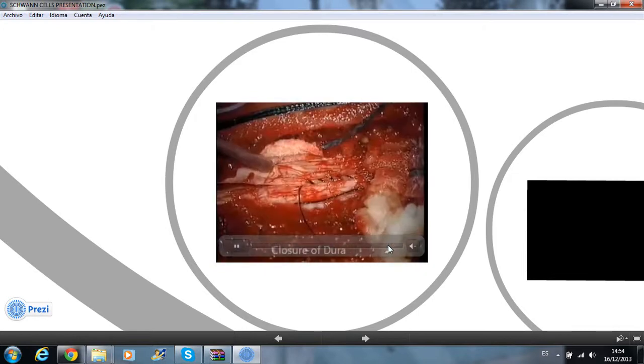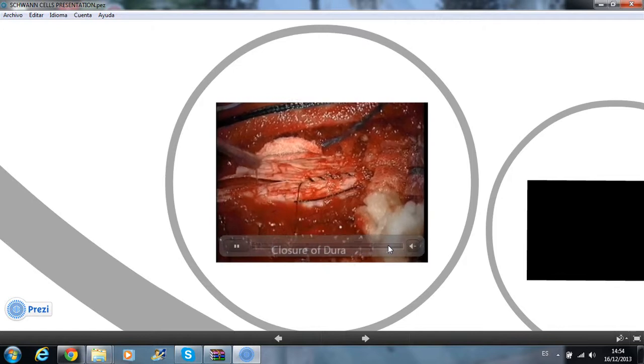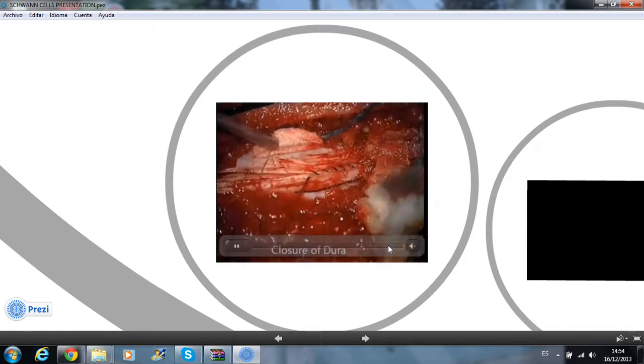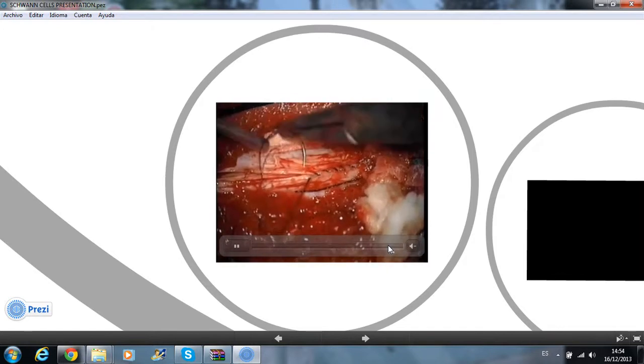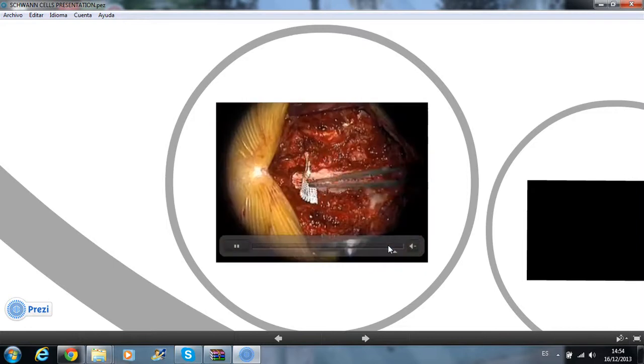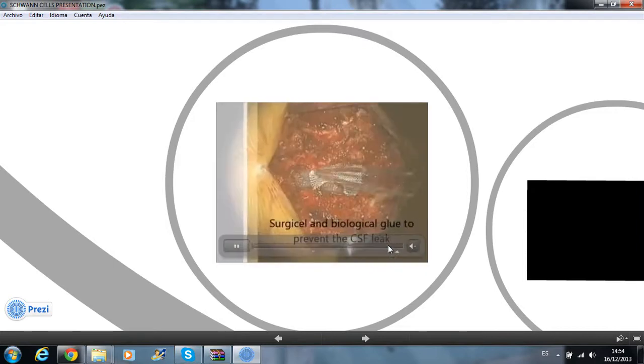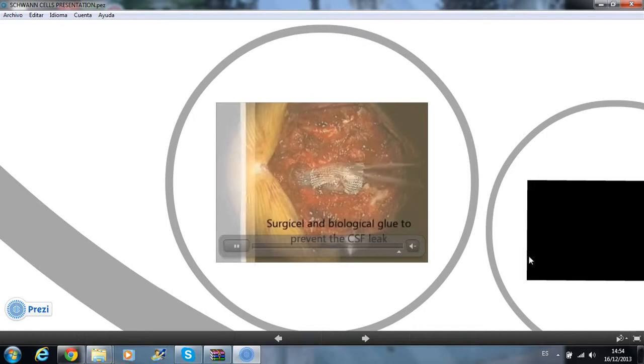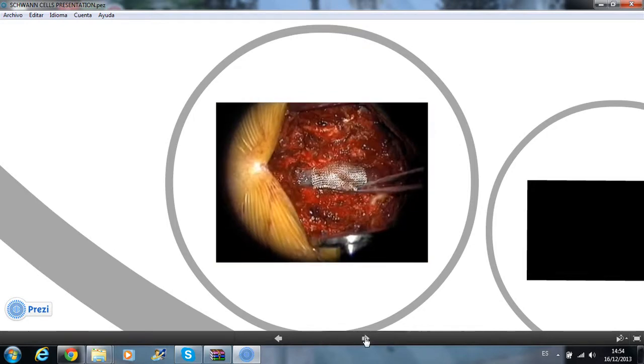So, finally, we can see how they close the bone and also how they close the brain for that risky surgery.